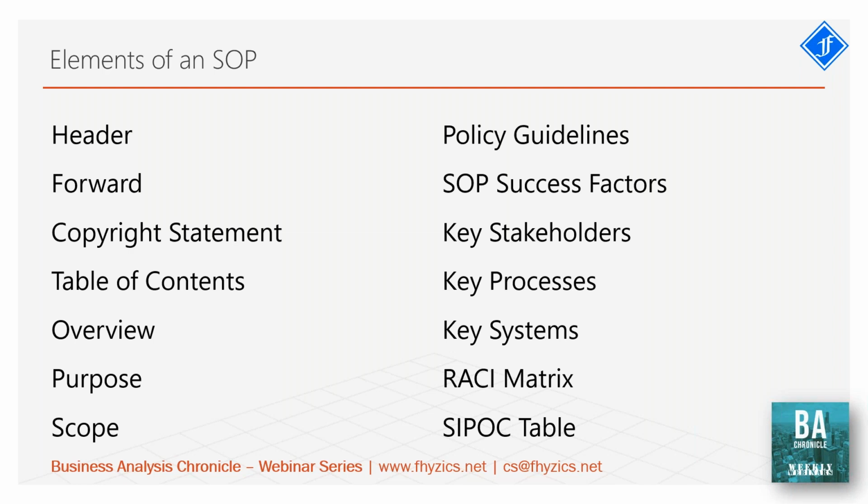Those customers could be internal or external, and suppliers could be internal or external. We will have a greater discussion around the SIPOC table and RACI matrix in 2 separate sessions in the future, where we will discuss the same asset management again, so that there is a continuity.